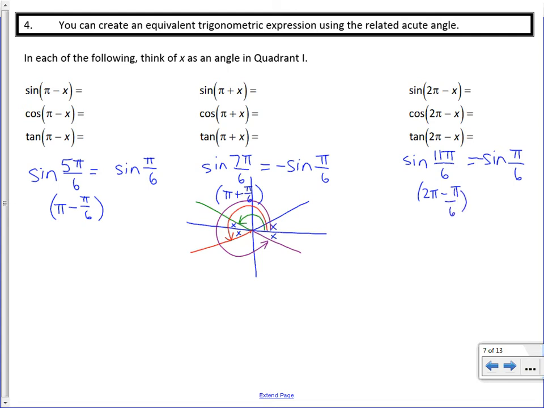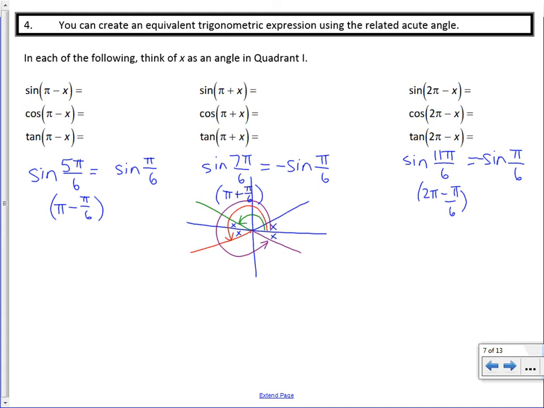So you get what I'm saying, that this is your general form. If you know the related acute angle, these are the matching angles in quadrants 2, 3, and 4 in general, for any angle x. If I have an acute angle x, if I want its corresponding obtuse angle in quadrant 2, I'm going to subtract it from pi. If I want its corresponding angle in quadrant 3, I'm going to add it to pi.